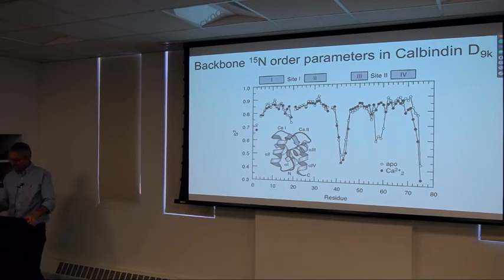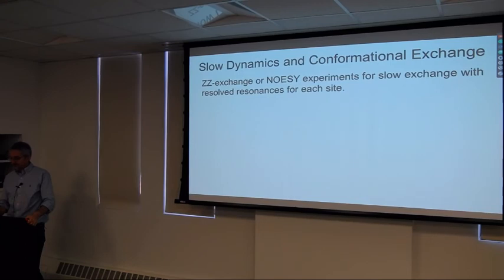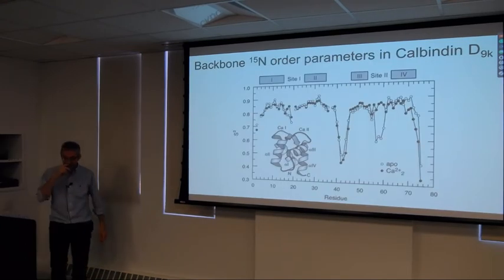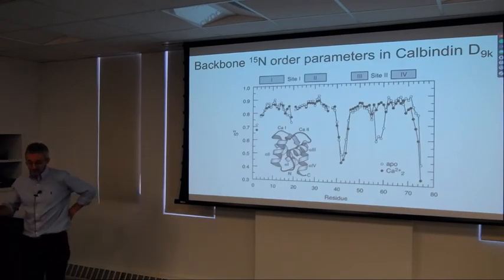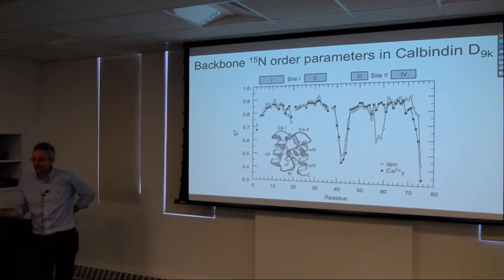This has been turned into a quite powerful approach by Josh Wand's group at University of Pennsylvania. They've been able to calibrate this approach against calorimetric measurements of entropy for a series of peptides binding to calmodulin. So calmodulin, you probably know, binds an enormous number of different peptides from different proteins.